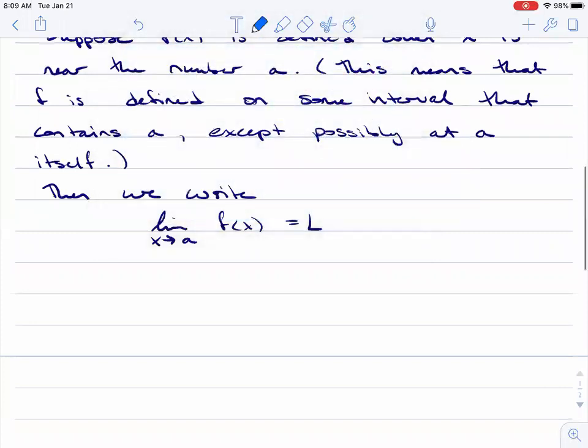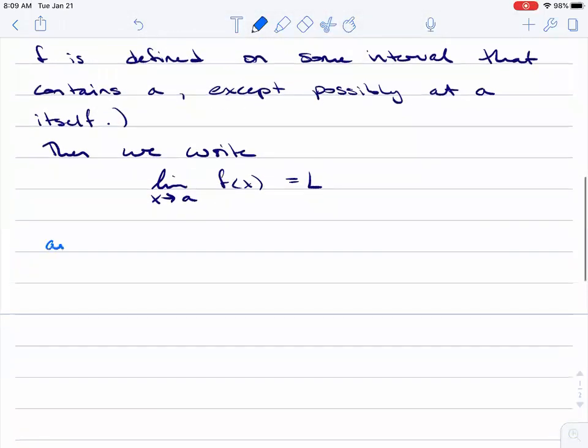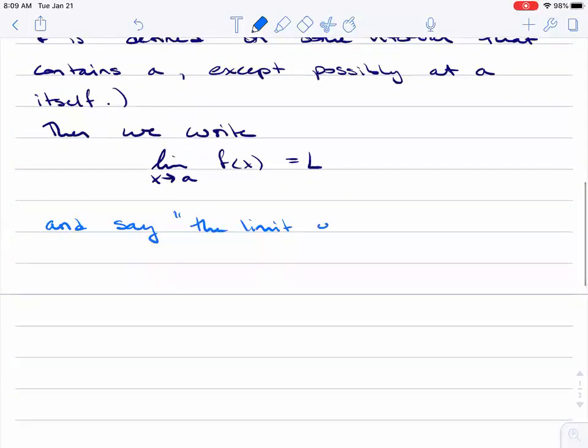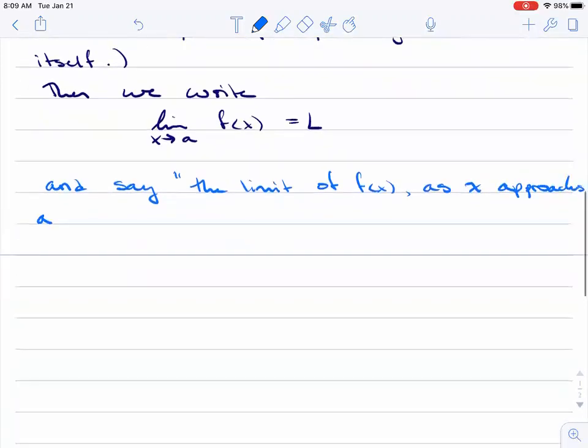And I'll just put in a different color here, just so you know how to read this thing: the limit of f of x as x approaches a equals L. Okay.